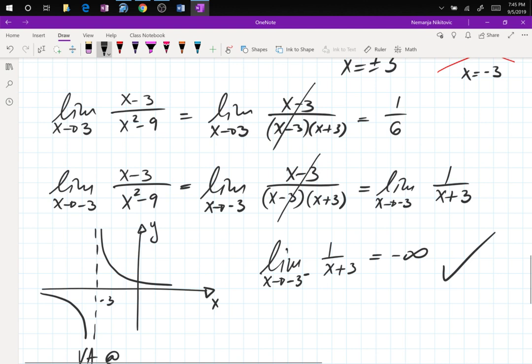So I'm going to go to the Y screen and then type open parenthesis x minus 3, close parenthesis, divided by open parenthesis x squared minus 9, and graph.